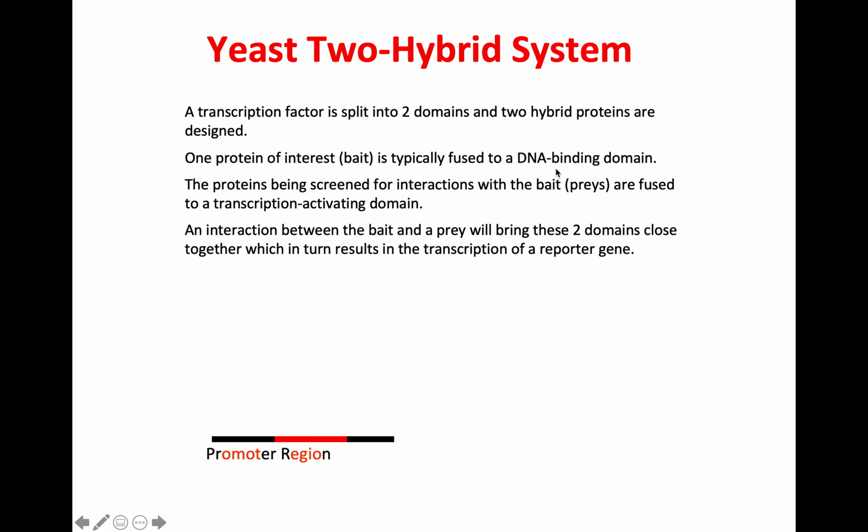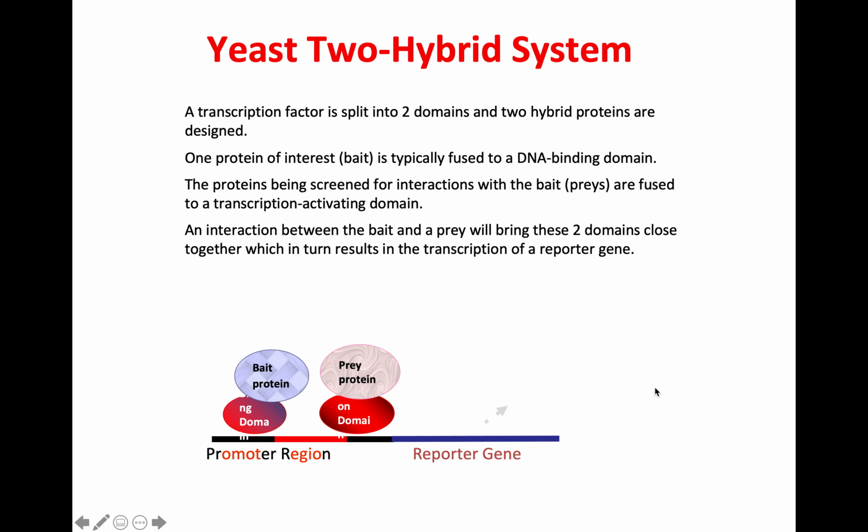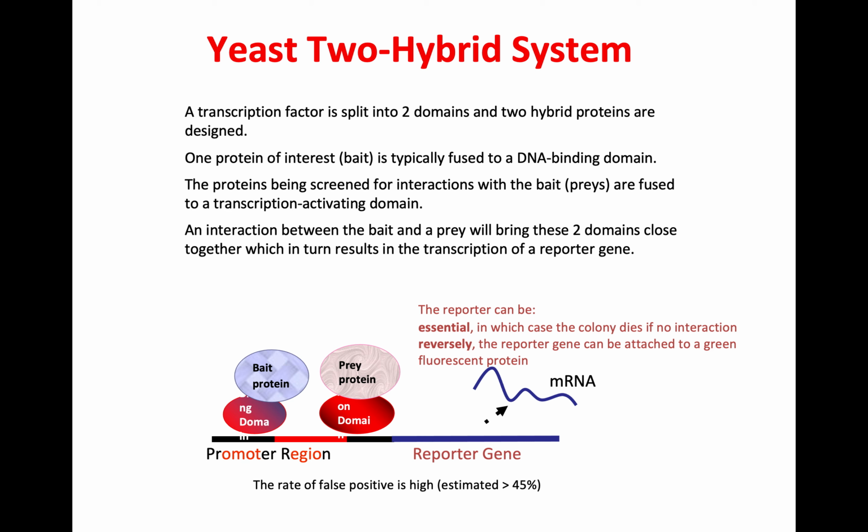The proteins will then be screened for interaction with the bait, the prey, and they are fused to a transcription activating domain. As you can see over here, the writing is cut off, never mind. The interaction between the bait and the prey will bring these two domains close together, which in turn will result in the transcription of a reporter gene.